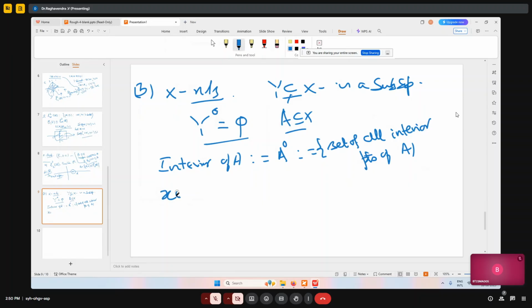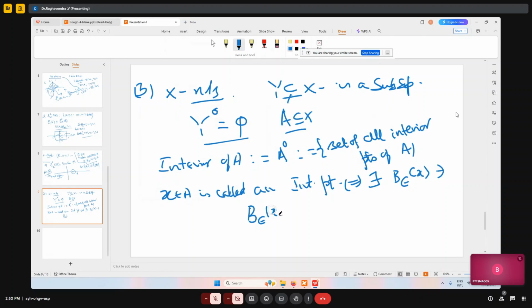X belonging to A is called an interior point if and only if there exists a ball of radius epsilon around x such that this ball of epsilon radius around x is contained in A. You know this definition?